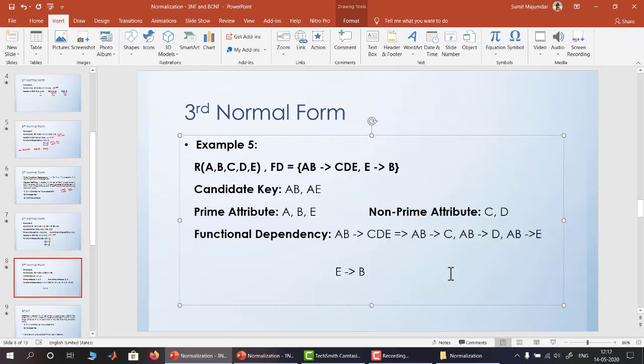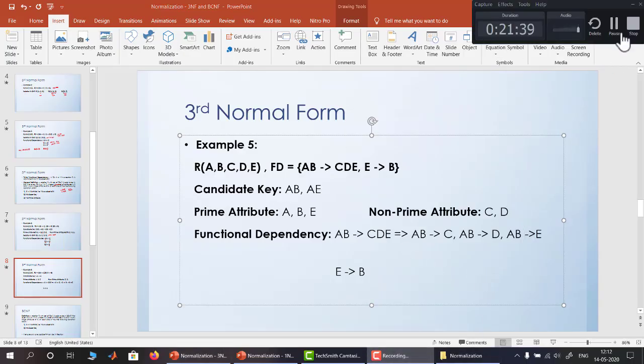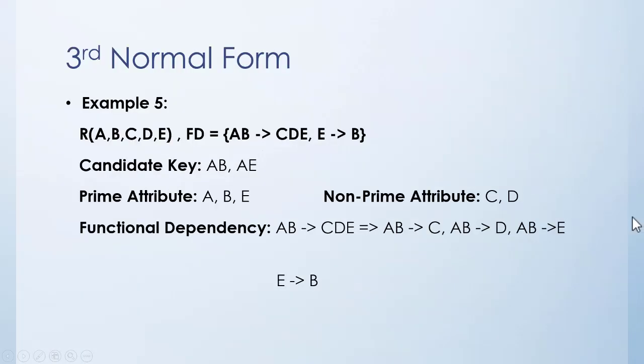So in our fifth example, R is a relation with 5 attributes A, B, C, D and E, where the functional dependencies are AB determines CDE and E determines B. By analyzing the functional dependencies, we can see that AB determines CDE, and obviously AB determines AB, so AB will be a candidate key.